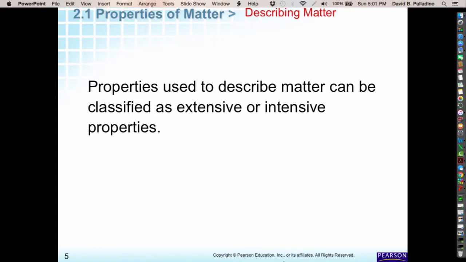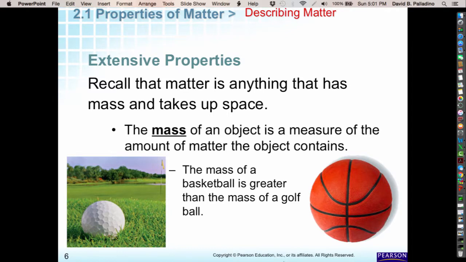Now, how do we measure different things? We've measured things in the lab, such as mass. Now, we can look at two different balls. We can look at a golf ball and a basketball. If we look at the golf ball, it's right here.